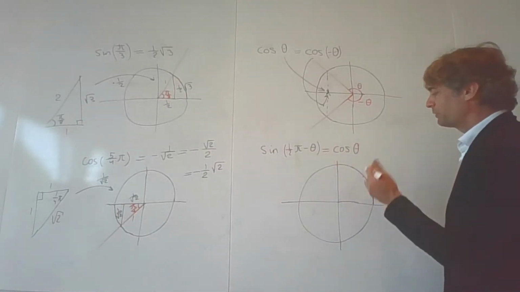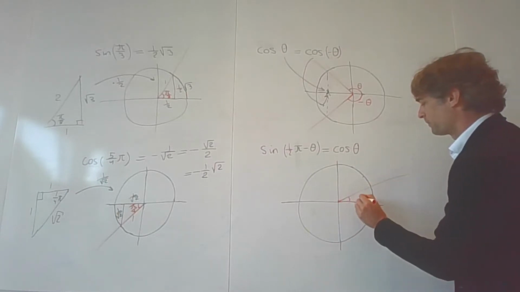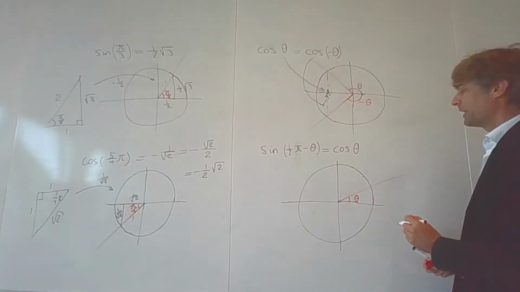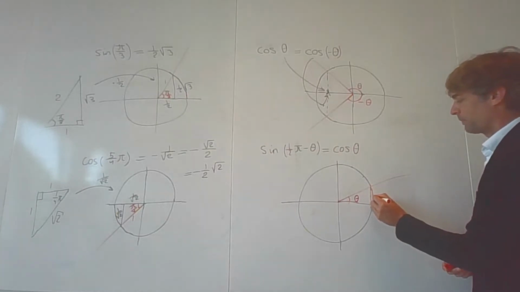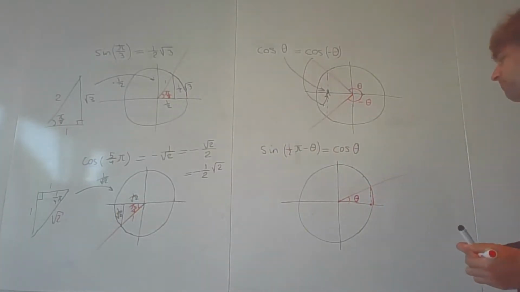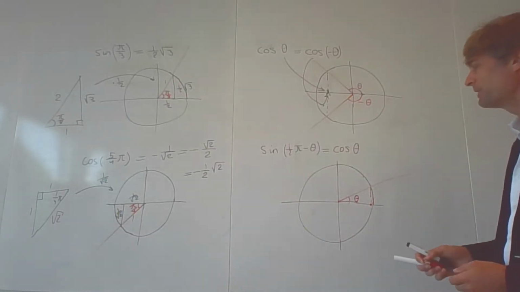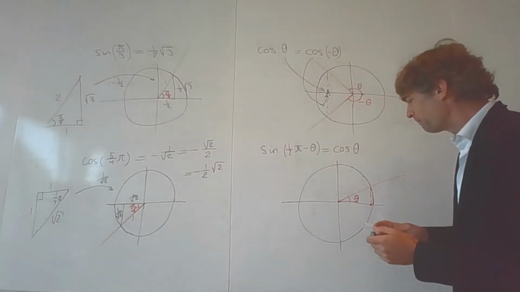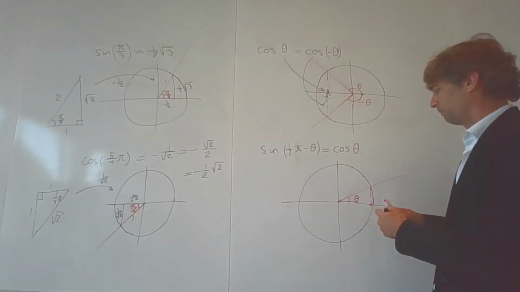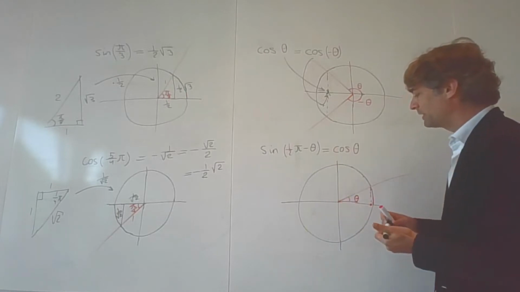Theta, the cosine of theta, let's take a small theta here. Theta, the cosine is of course over here. Here's the cosine. And now why is that equal to the sine of half pi minus theta? Well, where's half pi? That's of course over here, that's straight, and then we go theta away from it.